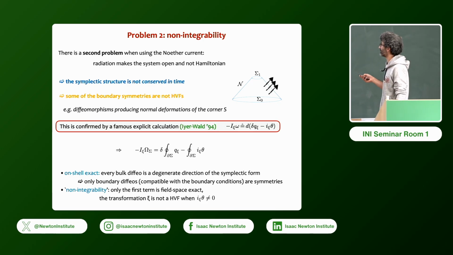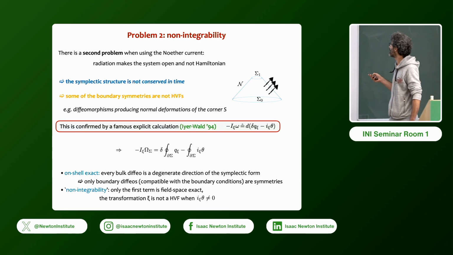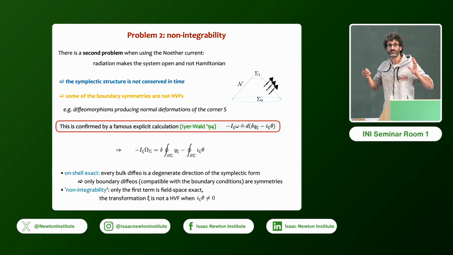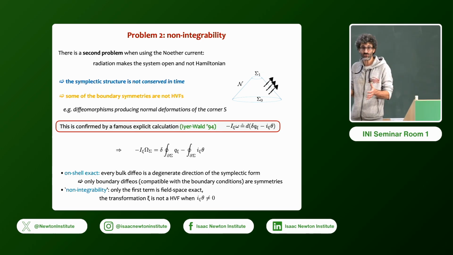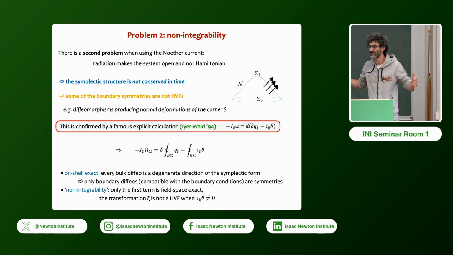And this expectation is confirmed by a famous calculation that showed that on shell, when you hook the symplectic two-form with a diffeomorphism, well, first of all, you get something that has support only at the corner, which you're happy with because it tells you that bulk diffeomorphisms are pure gauge, the degenerate directions in the symplectic two-form, but they might become symmetries at the corner.